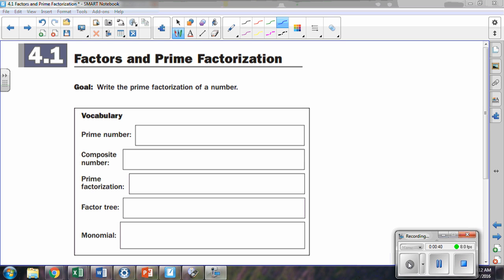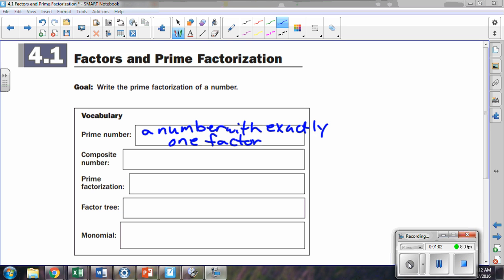So first of all, informally, what is a prime number? A prime number is a number with exactly one factor.